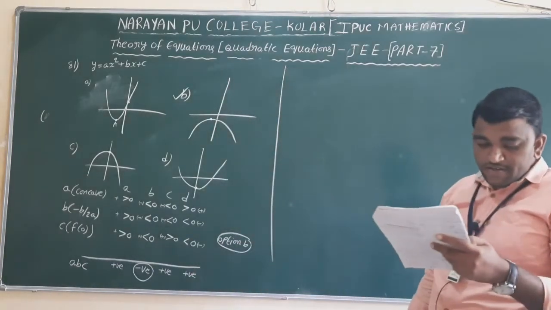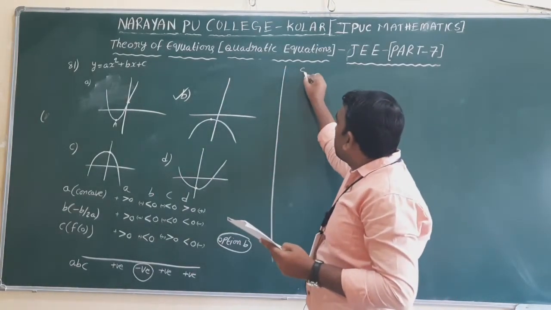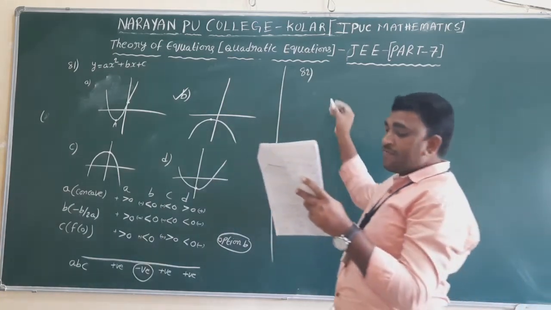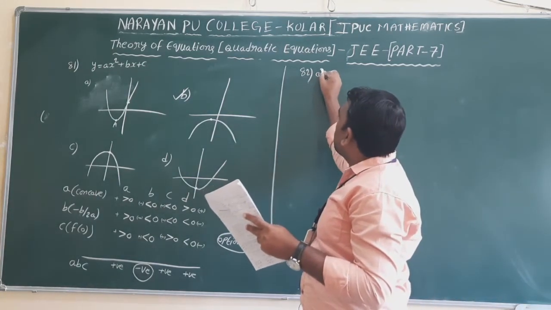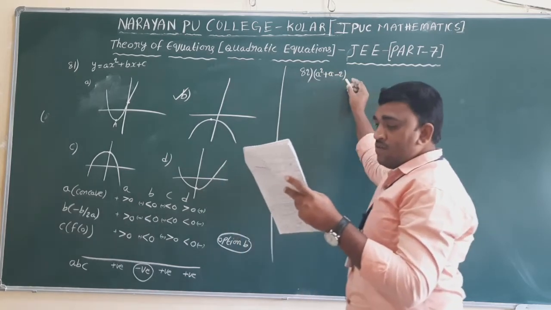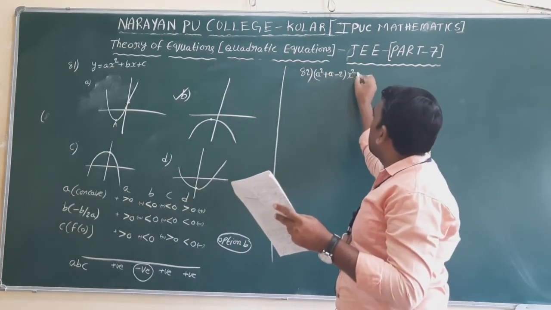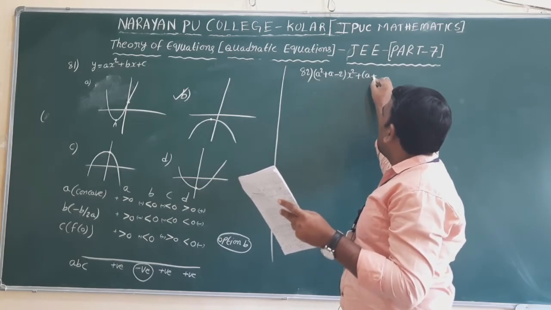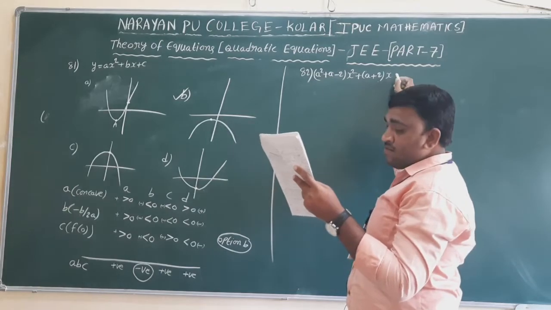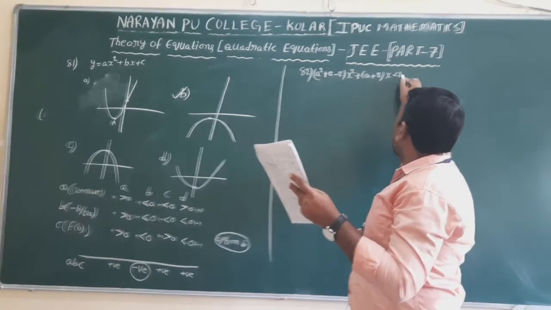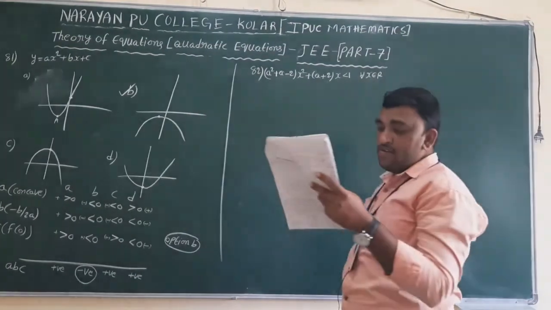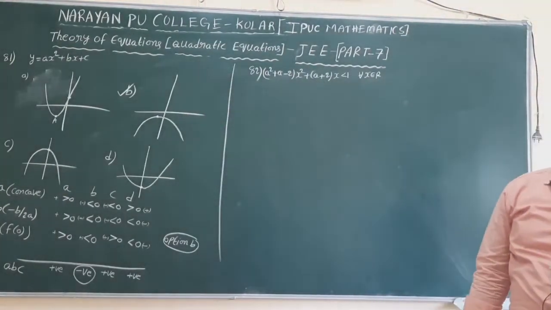So next one, 82. If (a² + a − 2)x² + (a + 2)x < 1 for all x belongs to R, then a belongs to the interval.